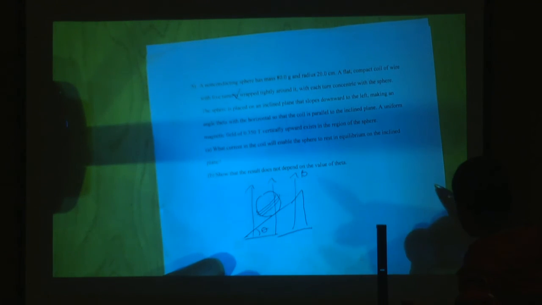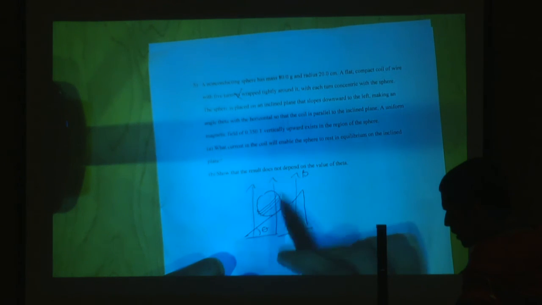So what's going on here? How could this be at rest? Shouldn't it flow down? Well, if there is a current going around this ball, it will create a magnetic field opposite to that of the magnetic field in the air and hold it still, right?